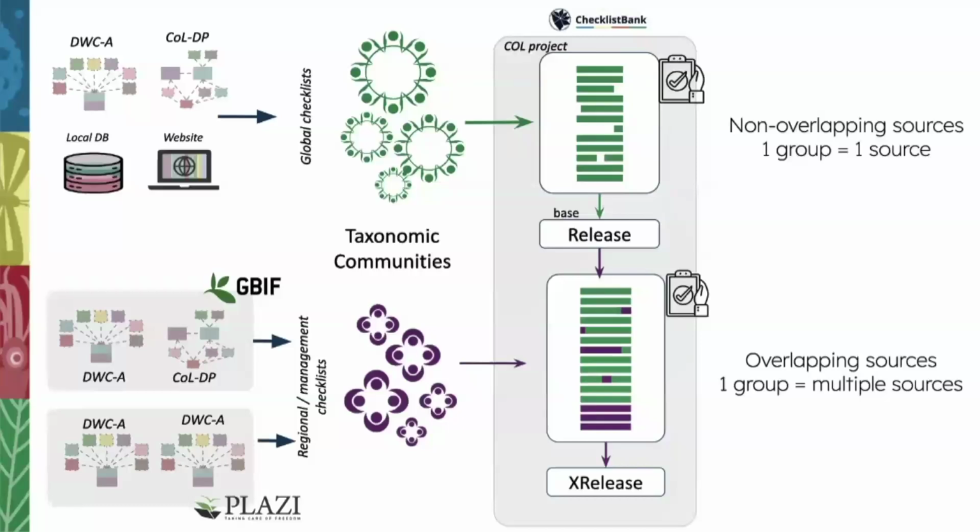We also have Plazi, which is quickly digitizing information from literature to the online world, so we can get this information. Once all this information from these communities gets into ChecklistBank, we do a thorough scrutiny and data quality process that has been described in previous talks.